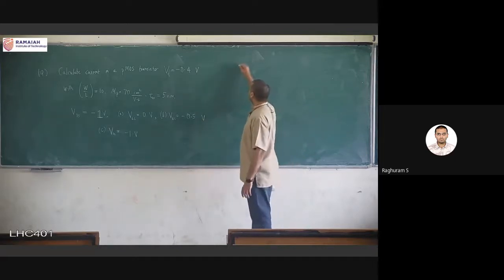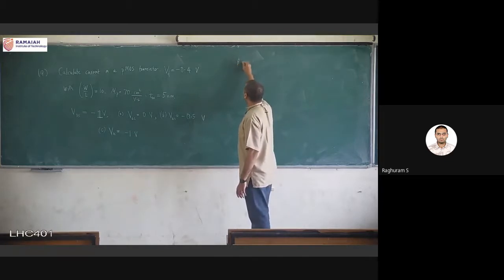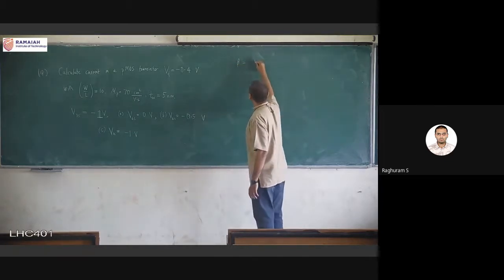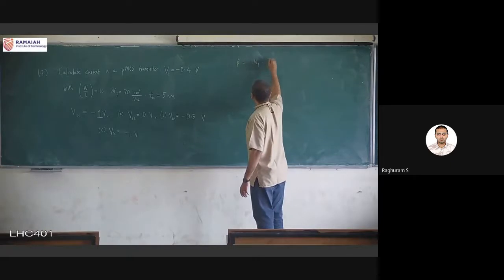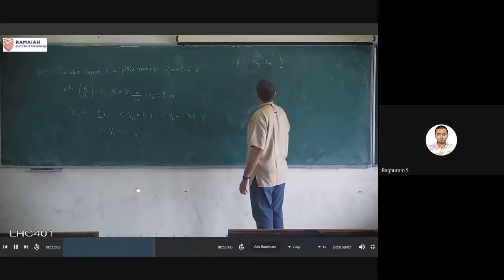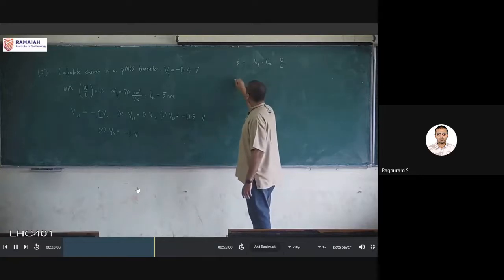We will calculate beta. Beta equal to mu p into C oxide, same thing, C oxide equal to epsilon ox divided by T oxide.